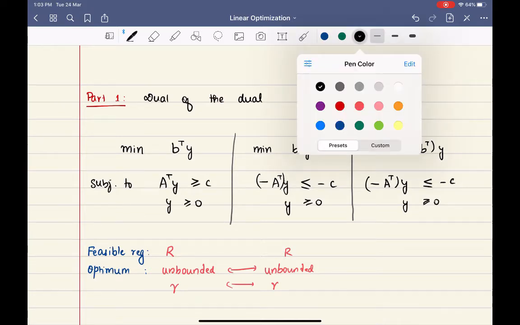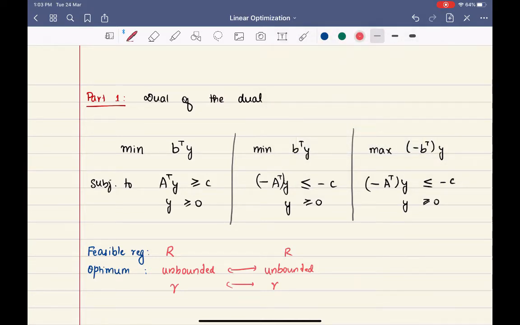Note that the feasible region is still the same, and if the optimum was unbounded before, it is going to be unbounded. But if the optimum was some gamma, then the optimum of this LP would be minus gamma.